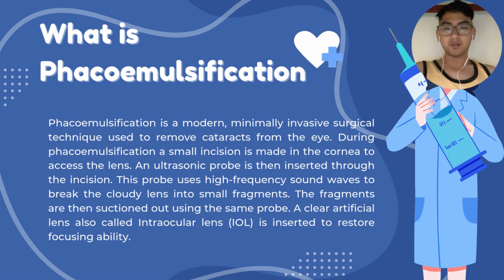What is phacoemulsification? Phacoemulsification is a modern, minimally invasive surgical technique used to remove cataracts from the eye. During phacoemulsification, a small incision is made in the cornea to access the lens. An ultrasound probe is then inserted through the incision, and this probe uses high frequency sound waves to break the lens into small fragments.